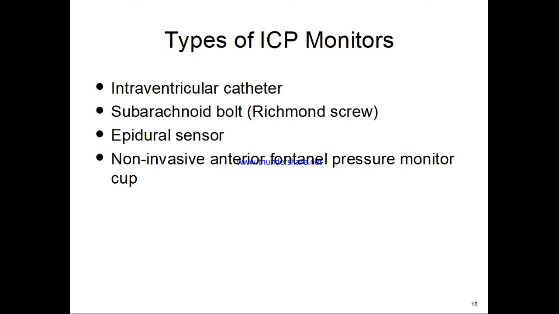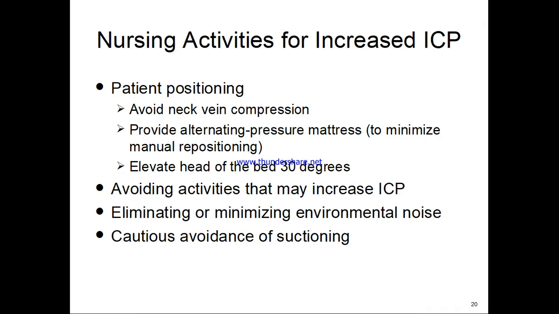Epidural sensor, so if the pressure is mainly a spinal cord issue, they could monitor it via an epidural catheter. And then there's also a non-invasive anterior fontanelle pressure monitor cup that we can apply to neonates.